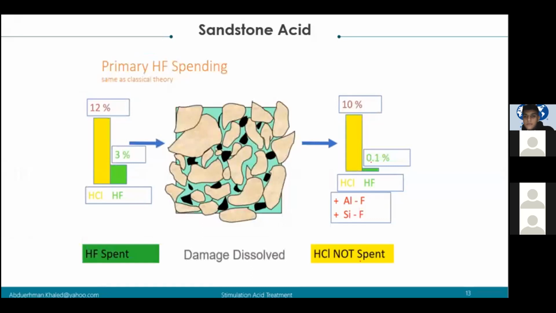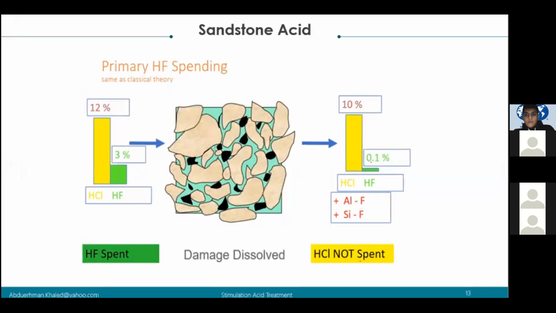In sandstone acidizing treatment, you need a mix of two things, hydrofluoric acid and hydrochloric acid. In the old days, people started with 12% HCl, or hydrochloric acid, and 3% HF, or hydrofluoric acid, and it was called regular mud acid.